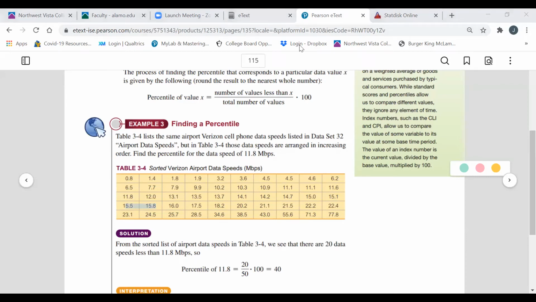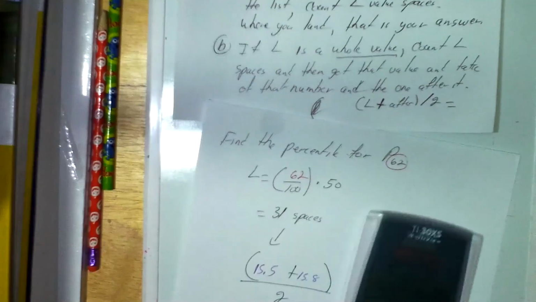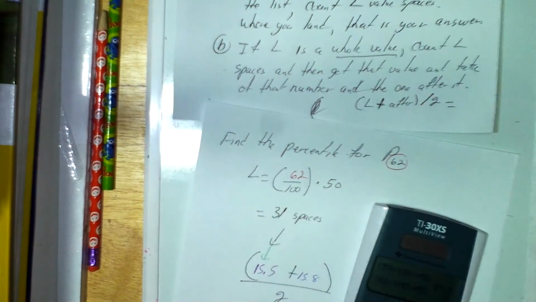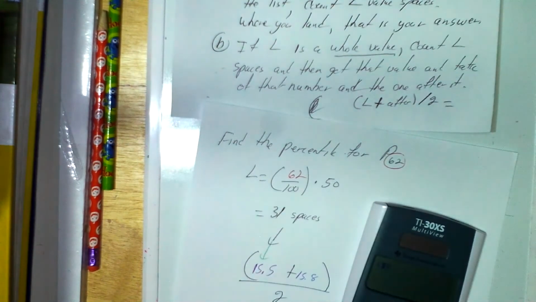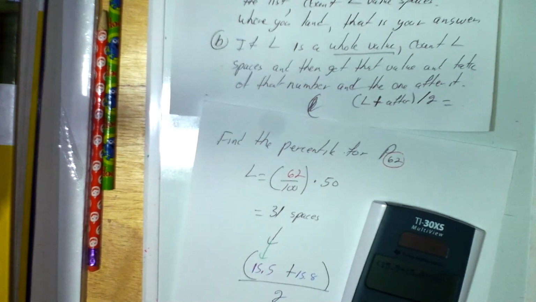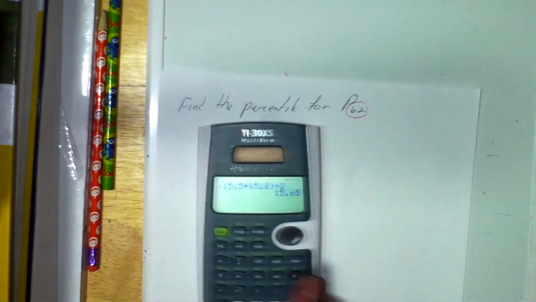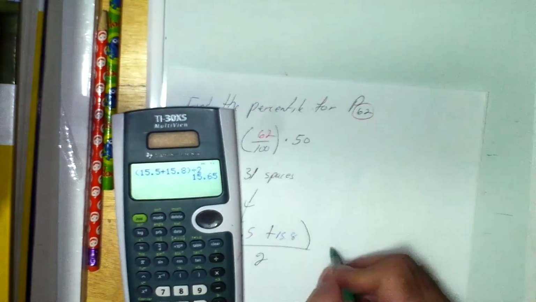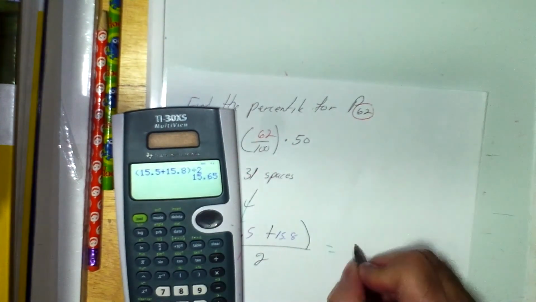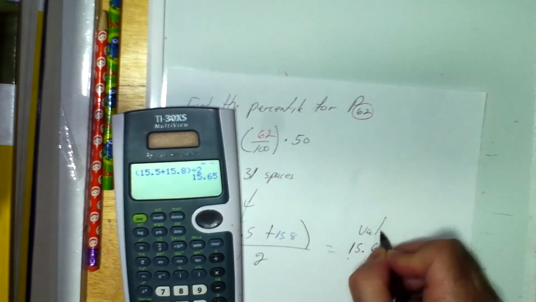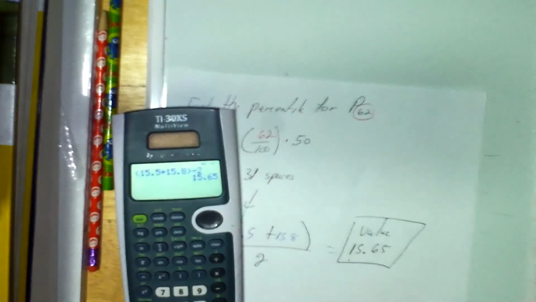I'm going to add them and divide by 2. So I'm going to add 15.5 plus 15.8 divided by 2. My answer is 15.65. And you leave the answer like that.